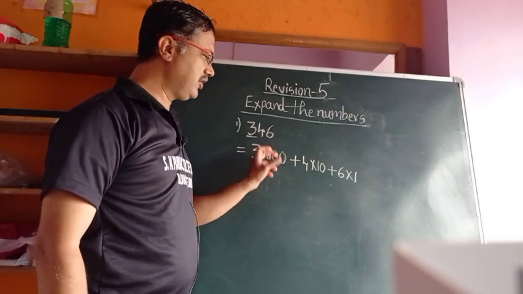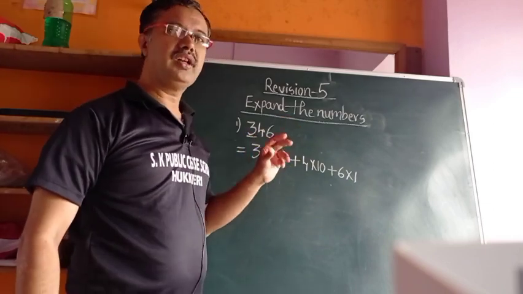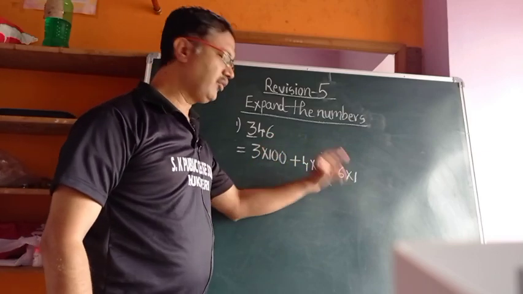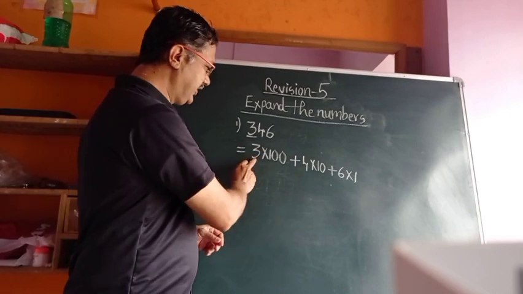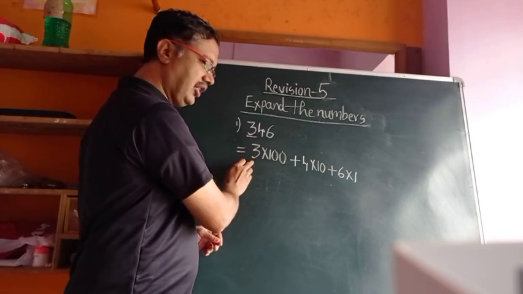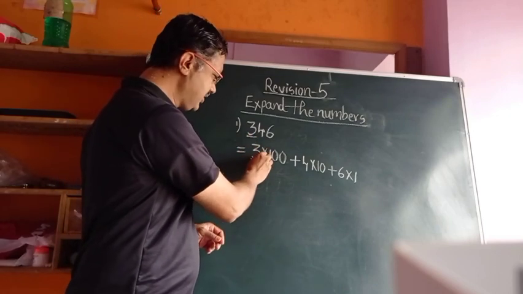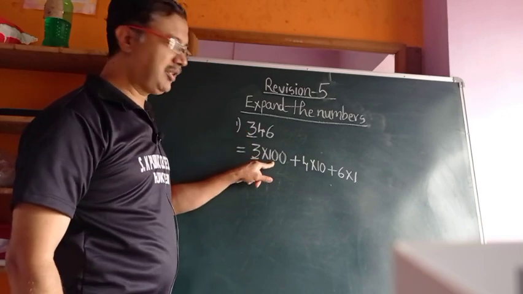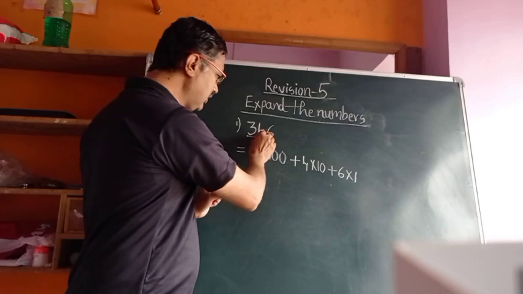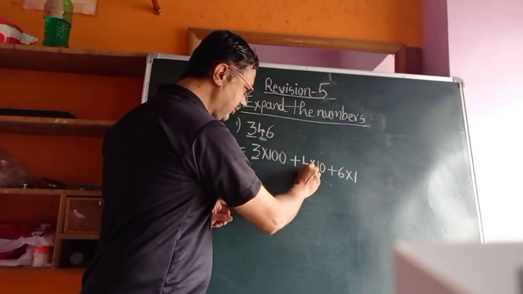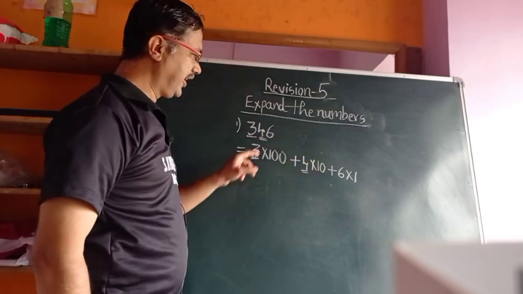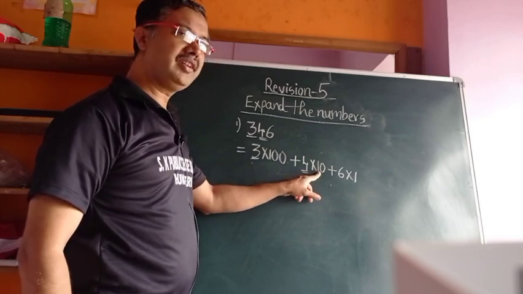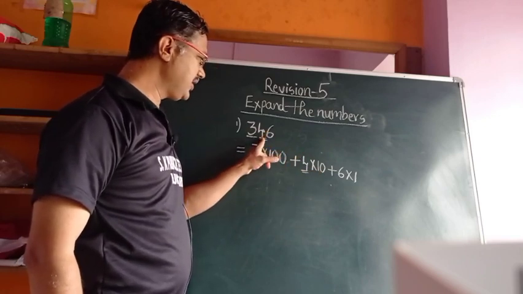According to this place value chart, I wrote the direct answer here: 100, 10 and 1. 3, I have taken this number as it is in the hundreds place. 4, this number, we are writing as usual, and here tens. In which place is it?